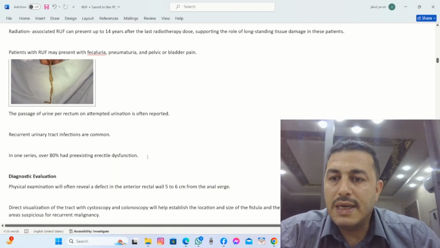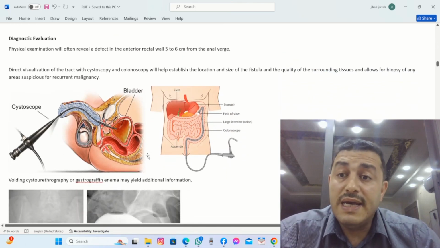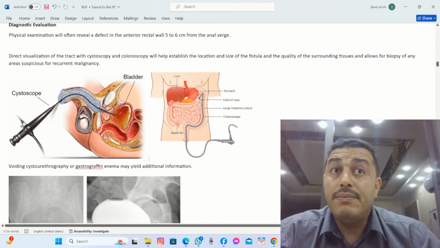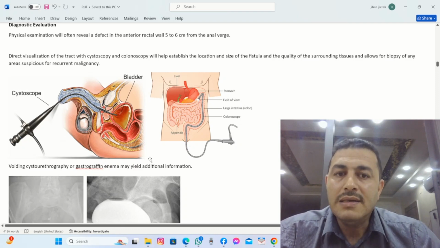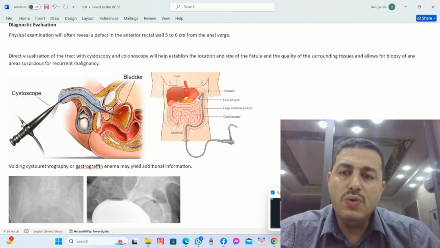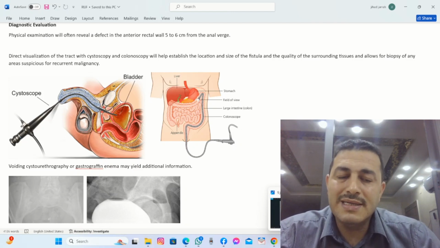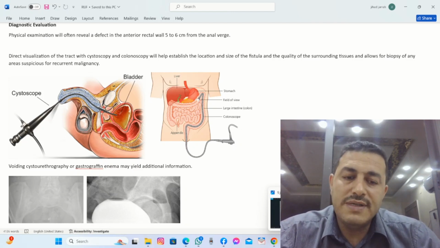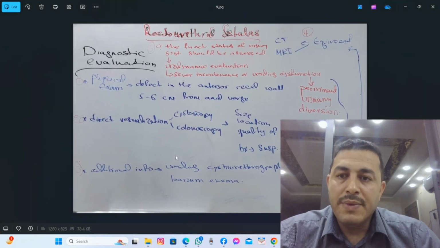Regarding the diagnostic evaluation, this depends on proper history and physical exam. We will see that the role of imaging is additional or adjunct to our physical exam.